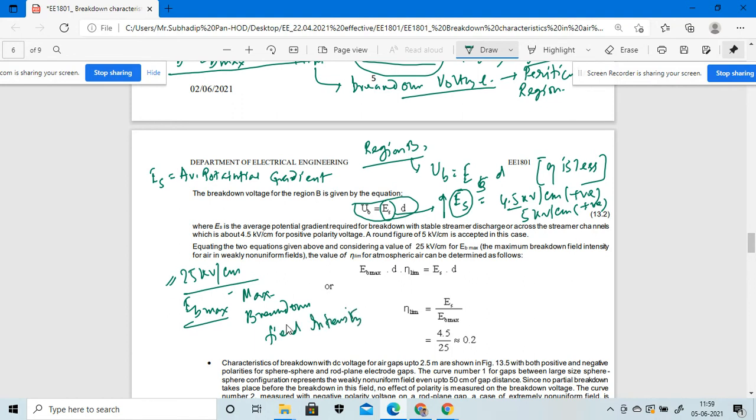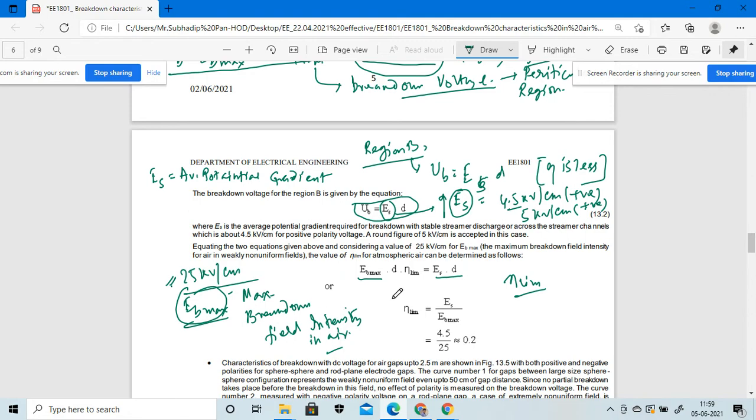What is the condition for E_b max? Obviously the medium is air. In a weakly non-uniform field, the value of the limit for atmospheric condition can be determined by this equation: E_b max into d into the limit equals E_s into d.